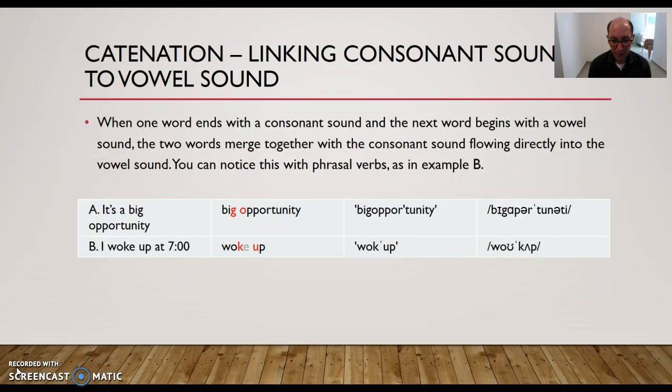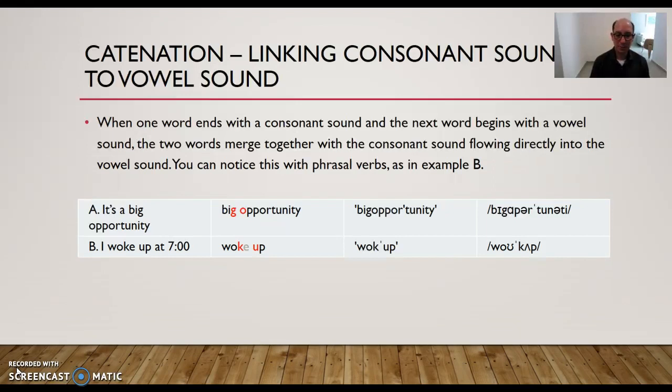In example B, we have what's called a phrasal verb. Phrasal verbs are verbs composed of two words. One is a verb, and the other doesn't have to be a verb. For example, "I woke up at 7." So instead of saying "woke up" as two separate words, you link them: "woke up."